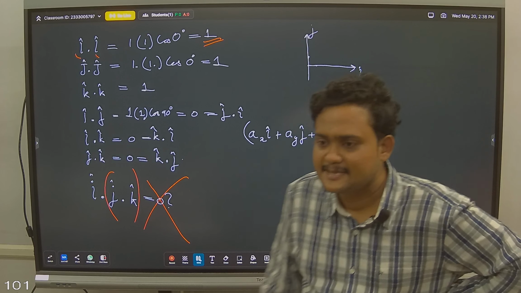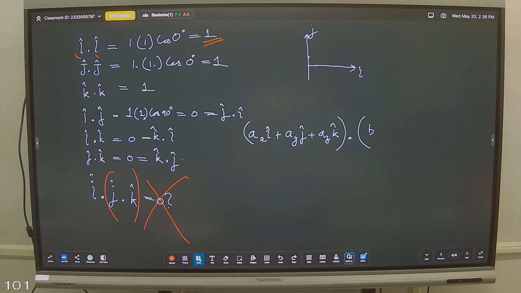When I say 3k vector, that is scalar multiplication. If I have a k vector, you can have scalar multiplication, dot product, and cross product. That's scalar multiplication. That's fine, but that's scalar multiplication, not dot product. Can I sit? No, you keep standing.